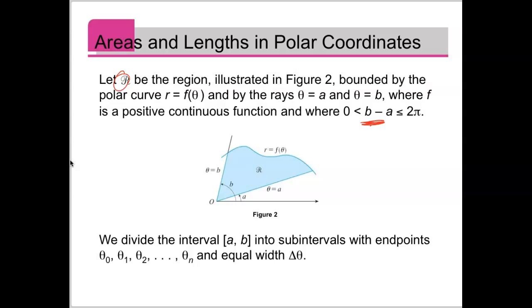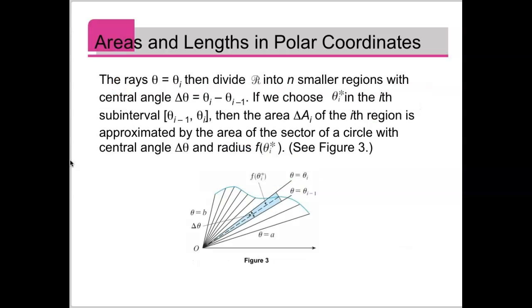And so we're going to treat this area a lot like we did in the Cartesian plane. When we first started finding areas under curves in the Cartesian plane, we divided up the curve into a fixed number of subintervals. We're going to do the same thing, except we're going to divide it up into subintervals that have angles of equal width, which we'll call delta theta, okay? And so it'll look like this.